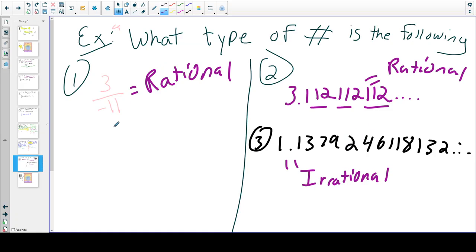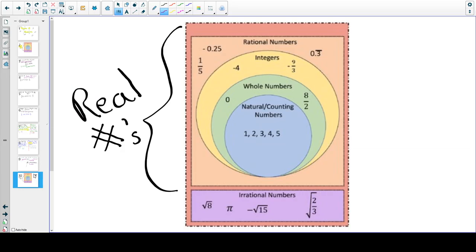I hope that this helps break down what each type of number is and how you can tell just by looking at one number how we could describe it. Again, every number that we've learned is called a real number. The most simplistic set of numbers are the natural numbers. And throughout many, many years, we added on different rules and different types of numbers to create new types of numbers.